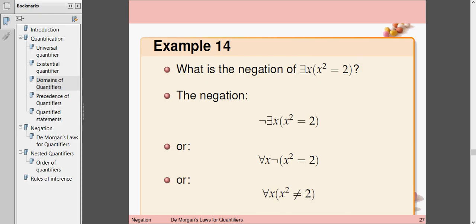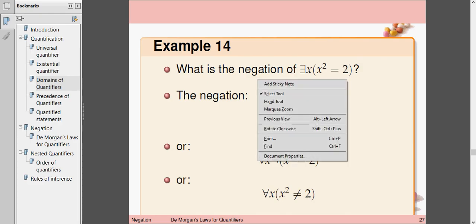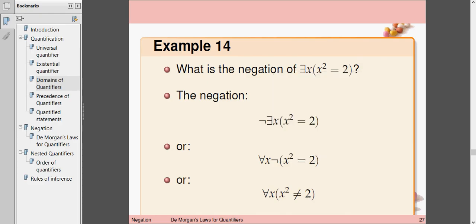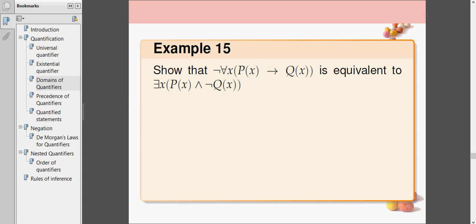If I need to read it, we say not, at least there is one x, cannot be x power 2 equal to 2, at least one cannot be. Or we can say for all x, not x power 2 equal to 2. Or I can say for all x, x power 2 is not equal to 2. So I have three ways to write the negation for it.